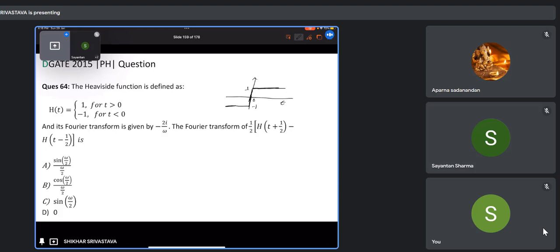The Fourier transform of this function h of t is already given in the question: minus 2i by omega. Now they have asked what is the Fourier transform of the function displaced by an amount half. This kind of question can be solved by using the shifting property.